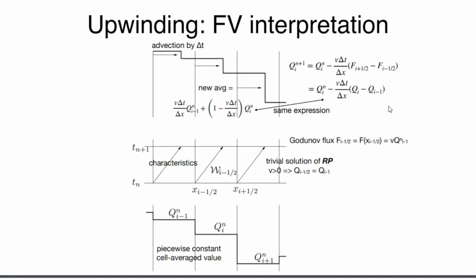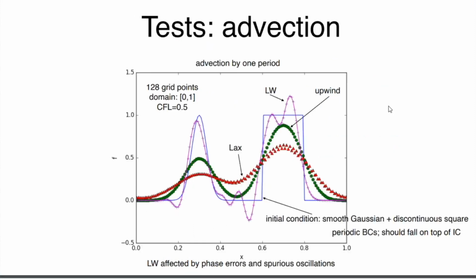These are the characteristics of advection. Now we just average this to get the new average value of Q. So this is just a reinterpretation of the upwind method in terms of a scalar Godunov method for advection.